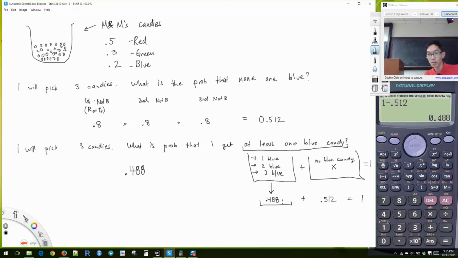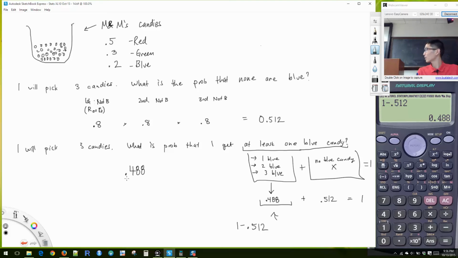Because I said this plus this have to add up to 1. So this thing is equal to 1 minus 0.512, because I know this thing plus this thing must add up to 1. Yes? Are we okay getting 0.488 here?